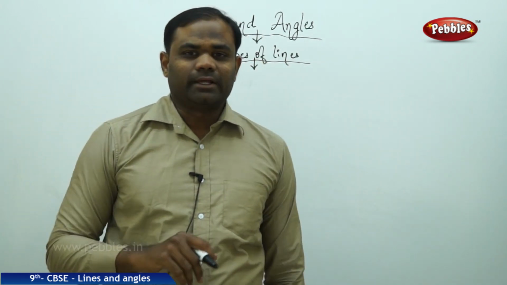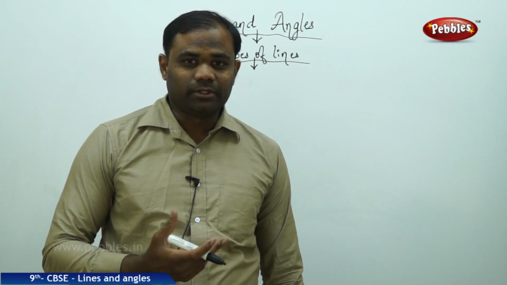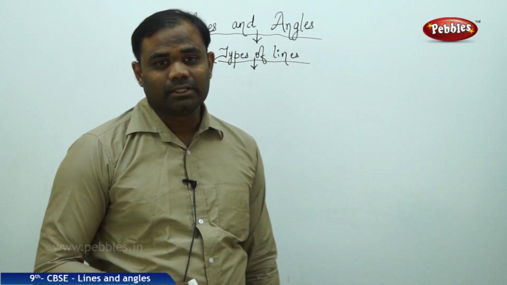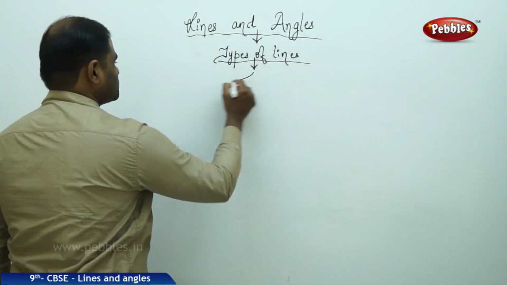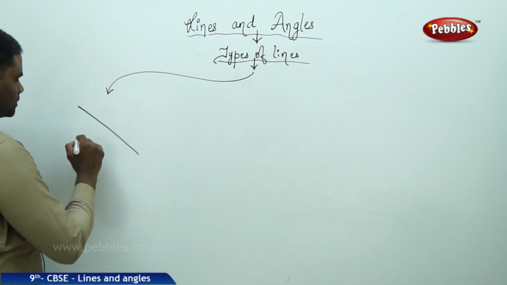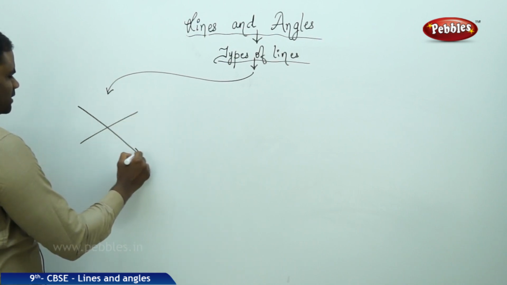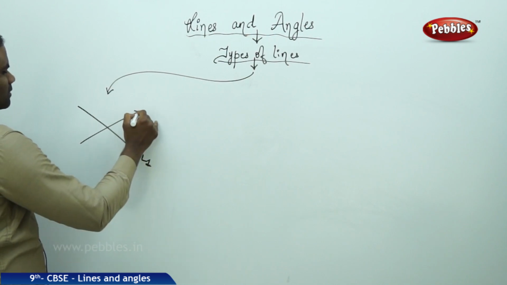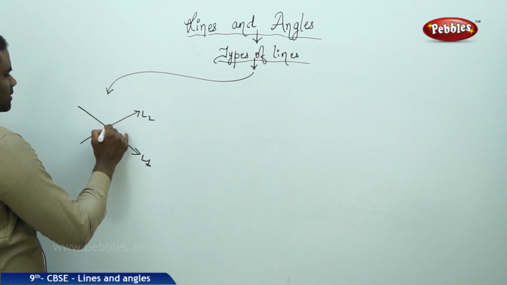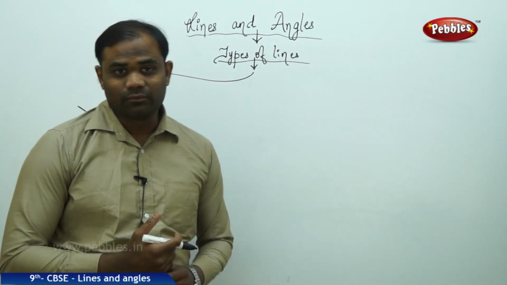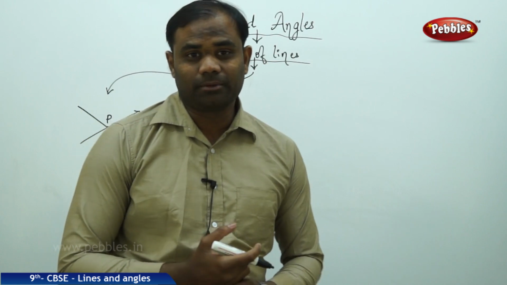When I take two lines, there are different possible ways in which I can understand the geometry of the lines. Initially, let me come with the first case. When I have two lines, the possibility is that this line L1 and this line L2 intersect at a point P.